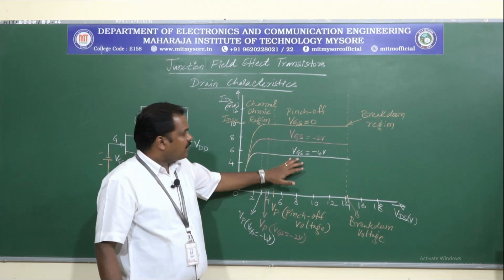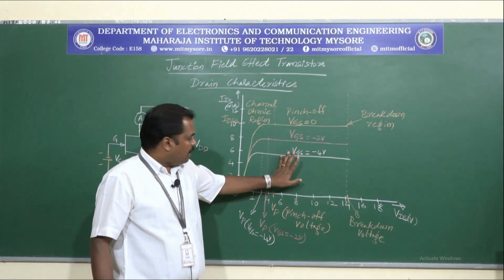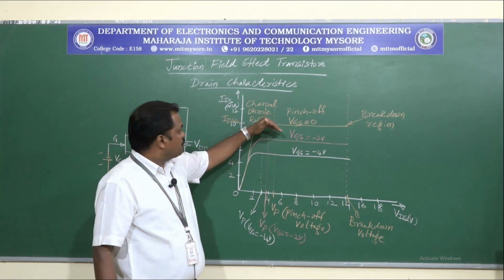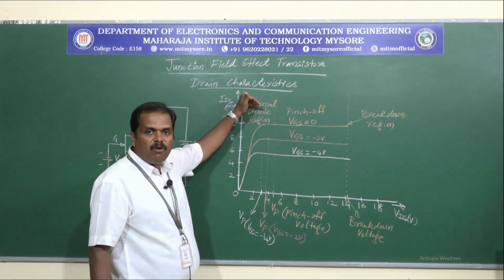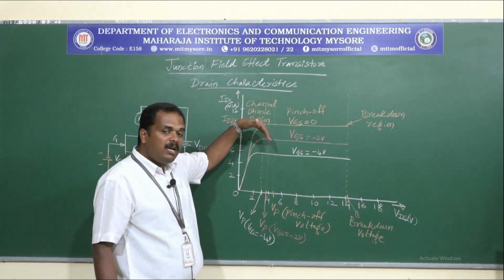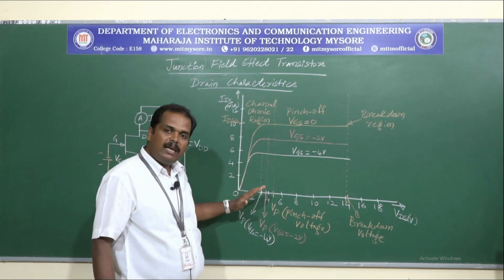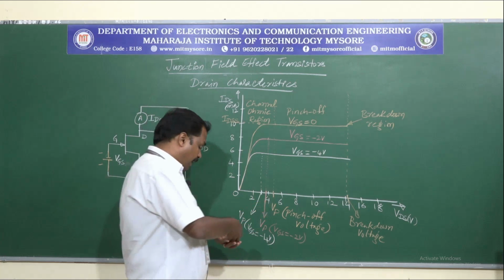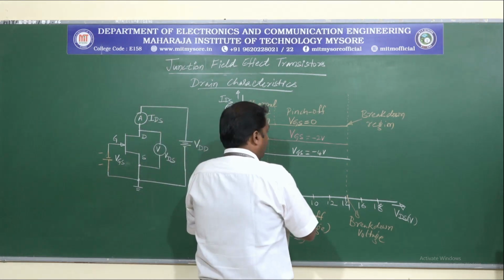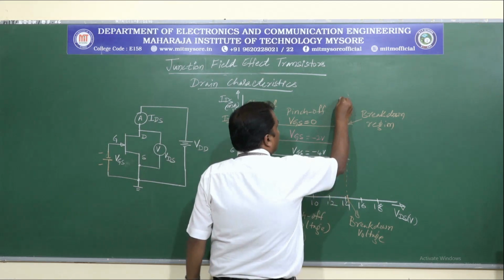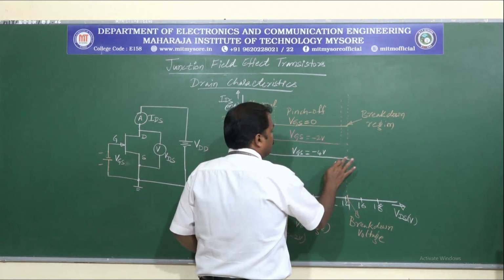So in the drain characteristics, what we understand is that if I make VGS equal to 0, I will have higher levels of IDS. If I make VGS negative and more negative, the IDS values will be reduced, and the breakdown levels will also occur at earlier values.